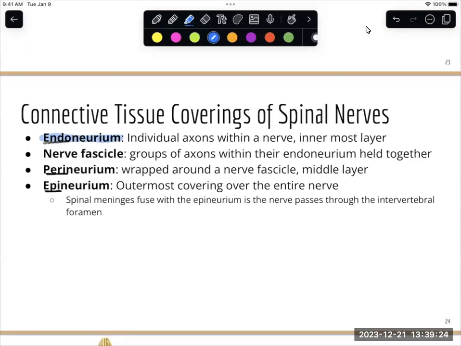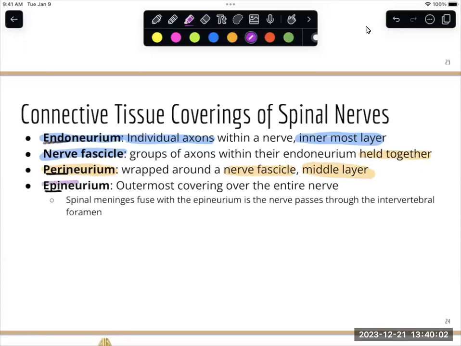So that endoneurium is that innermost layer that is going to be wrapped around each individual axon. Just like our skeletal muscles, our spinal nerve is grouped into fascicles. These fascicles are held together by the perineurium. This is what forms that fascicle, and it's that middle layer.